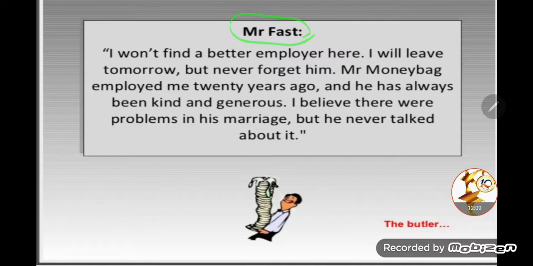Okay, now if I want to change it from direct into indirect, let's suppose that you are Mr. Watson and you are going to change it from direct into indirect. تخيل انك انت Mr. Watson and you are going to report these words or this speech for me. I am Sherlock Holmes.